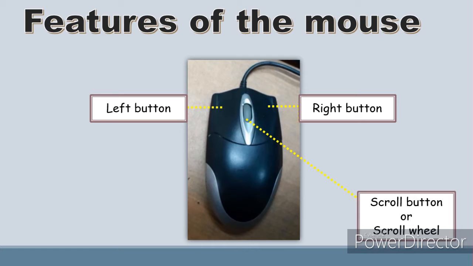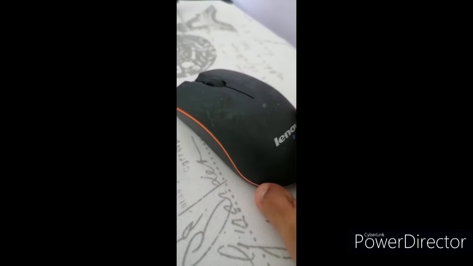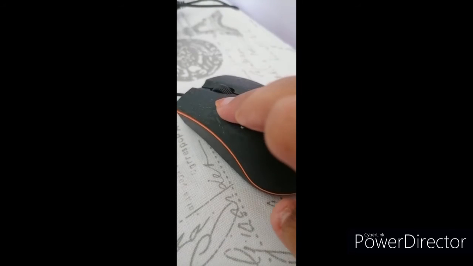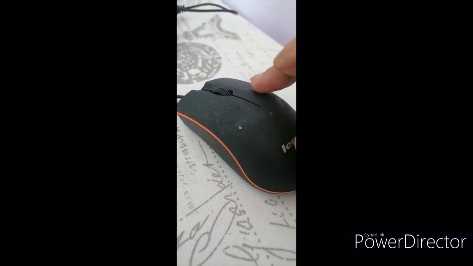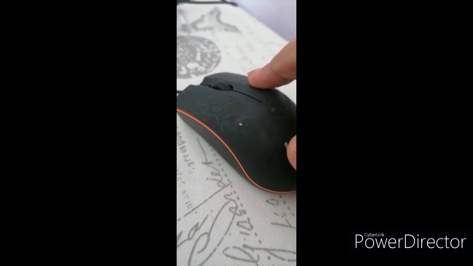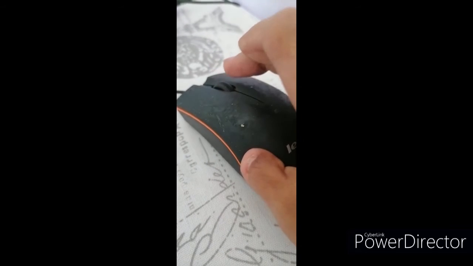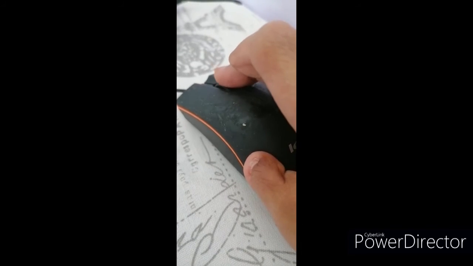So let's view a small video together. So this is our mouse. This is the left button. This is the right button, and this is our scroll wheel.